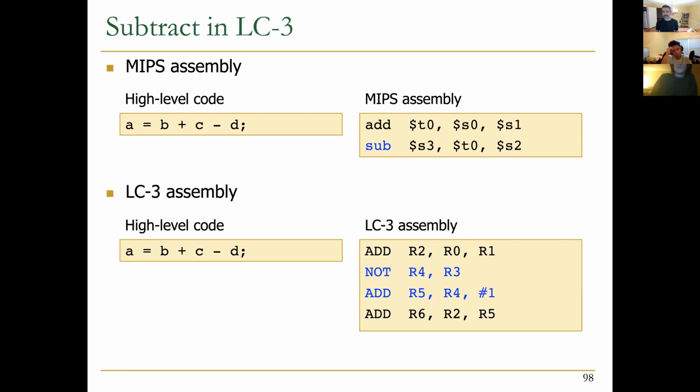On the other hand, you can think about why the designer of MIPS decided to have subtraction. That was the decision made by the designer of MIPS, but the key thing was that we need subtraction in many programs.